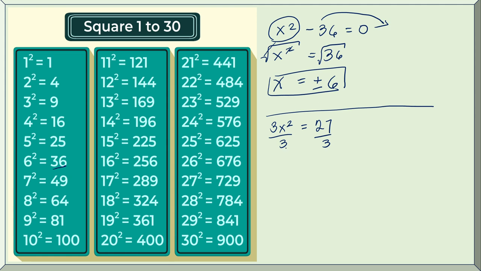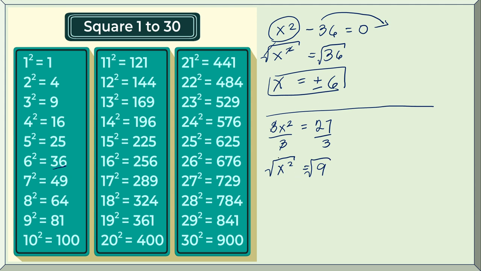So 3x squared divided by 3, that is 1x squared, or we can cancel this, and the remaining one here is x squared, equals 27 divided by 3. It will give us positive 9. And then since we already isolate the squared variable here, we will apply the square root property by getting the square root on both sides.